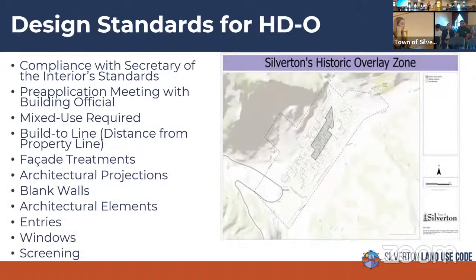So within the historic district overlay, the draft land use code includes some design standards, and that requires compliance with those federal standards. It recommends that properties developing in the historic district have a pre-application meeting with the building official, so that if there's any sort of major issues or things to look out for, those can be established as early as possible in the development process so that they're not a surprise.